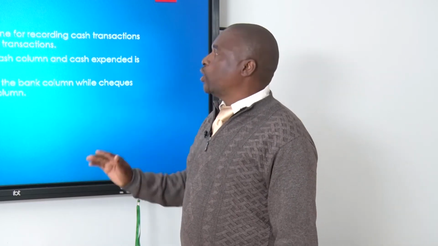So basically, with a double column cash book, there are two columns, one for cash and the other for bank. The checks that are received or expended are entered in the bank column, and the cash received or cash payments made are recorded in the cash column.